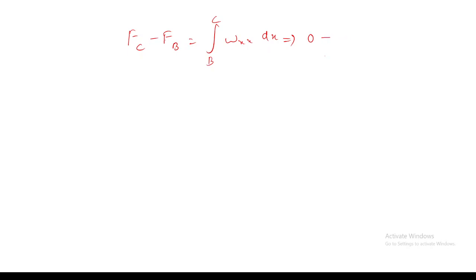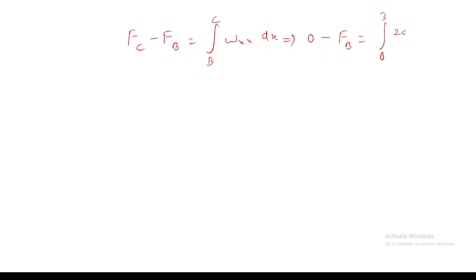I'm always using upper minus lower limit. So 0 minus Fb equals the integration of 0 to 3. What will be the value of Wxx?